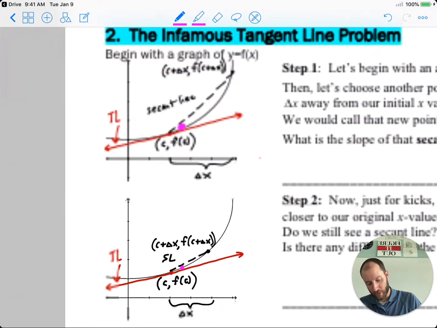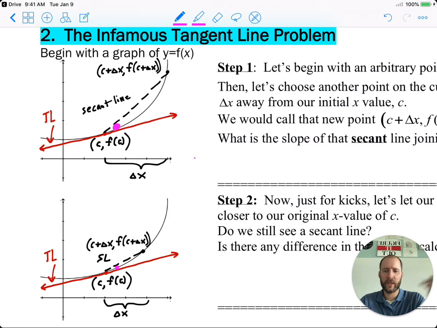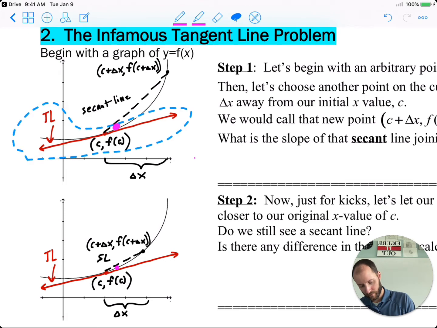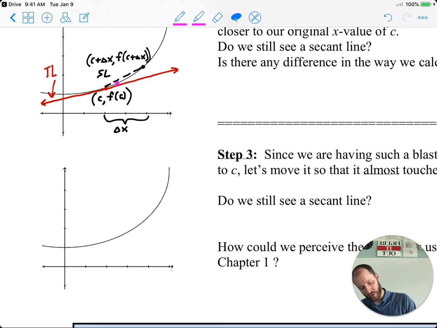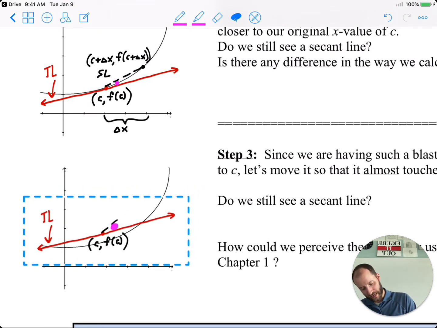Now the gap is smaller, but it's still there between your tangent and your secant. So the algebraist says, okay, can I get even closer? Let's see if I can do this again. So can I get even closer to the exact value?